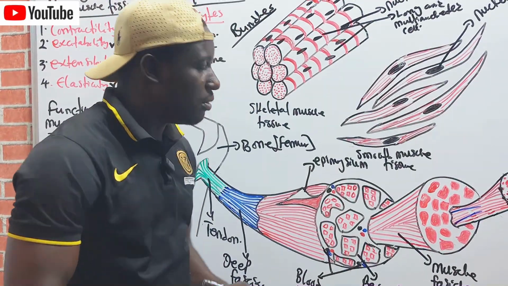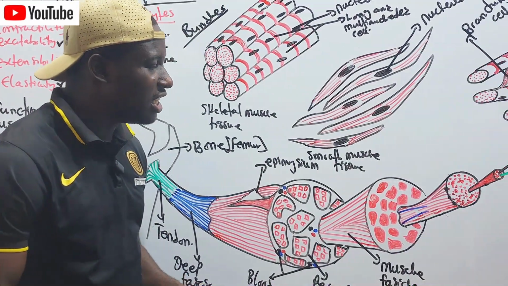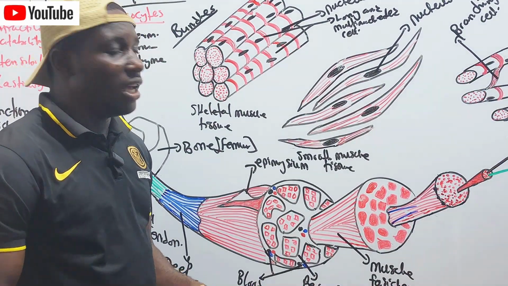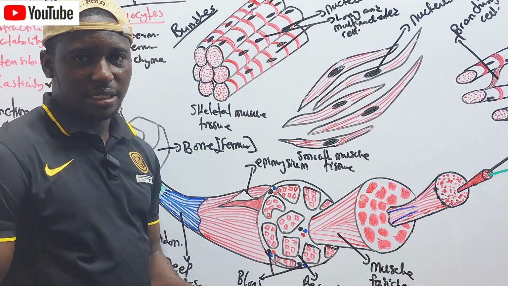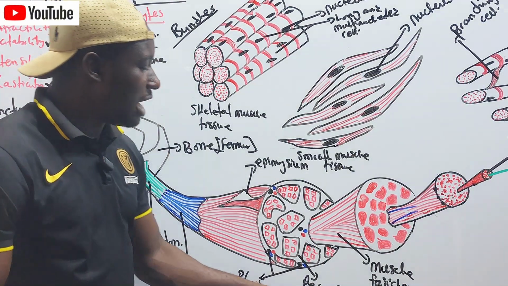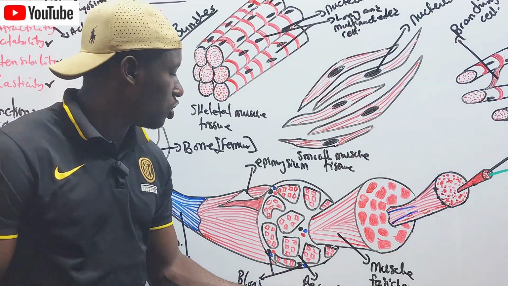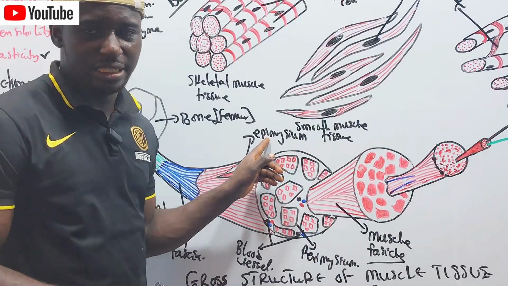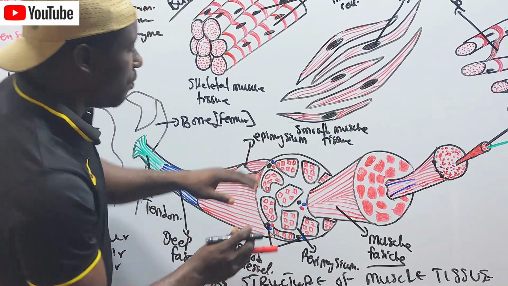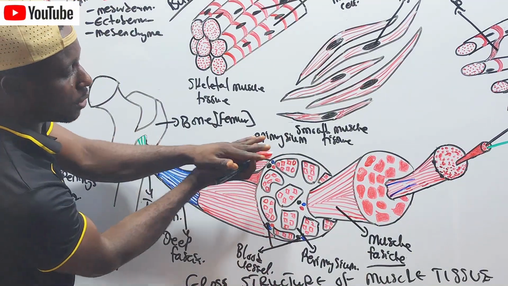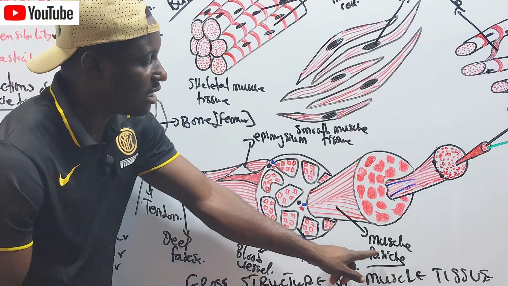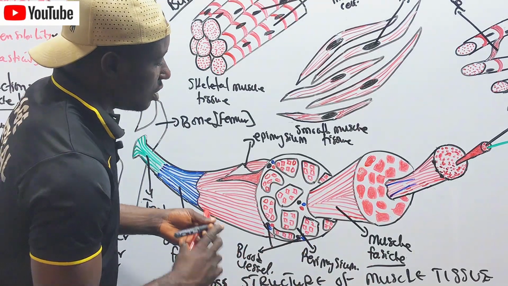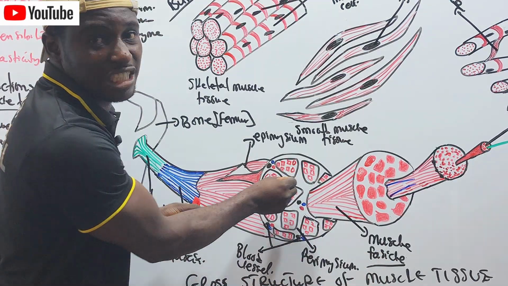So the next we shall be looking at is the muscle fibers. But recall that the perimysium becomes continuous with the epimysium on their end. Because the epimysium wraps up the muscle together, while the perimysium surrounds the muscle fibers. So they become continuous on their end.